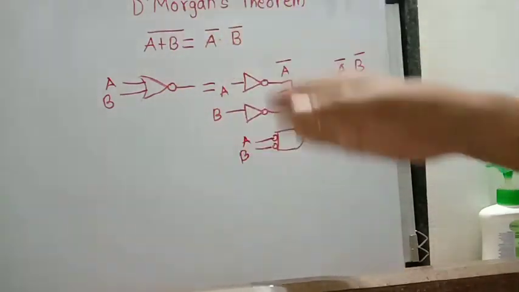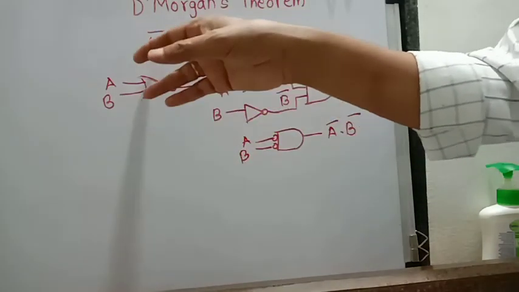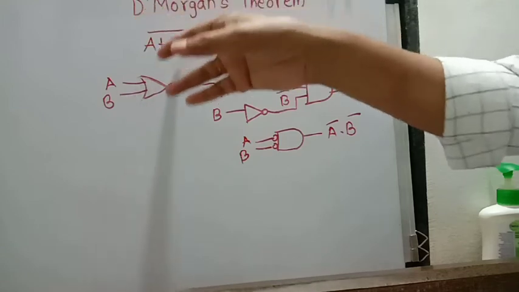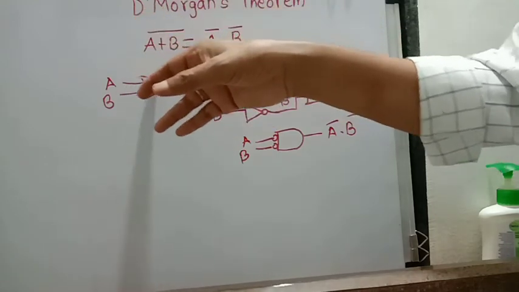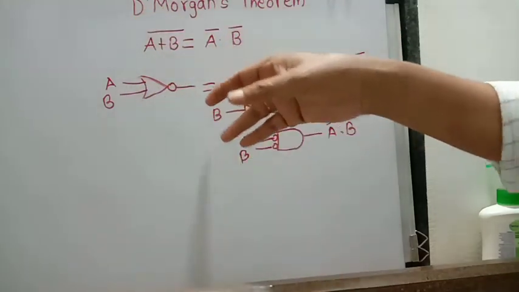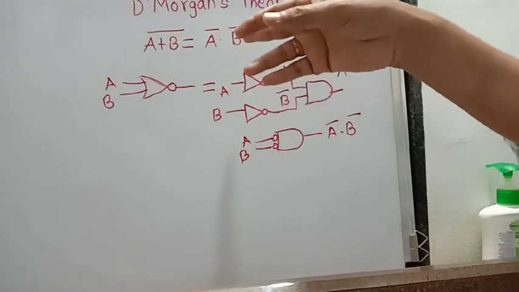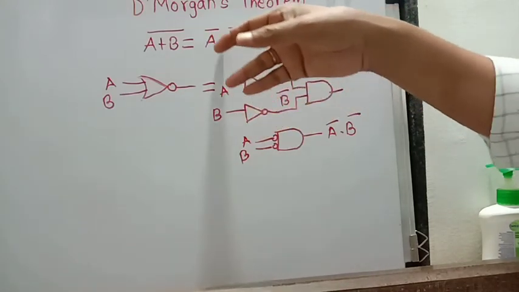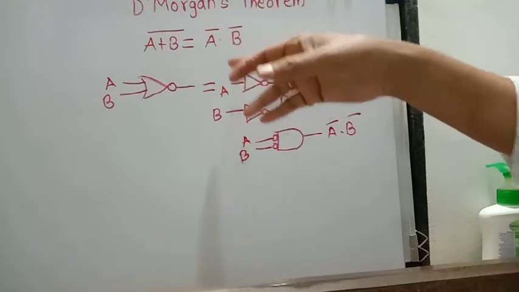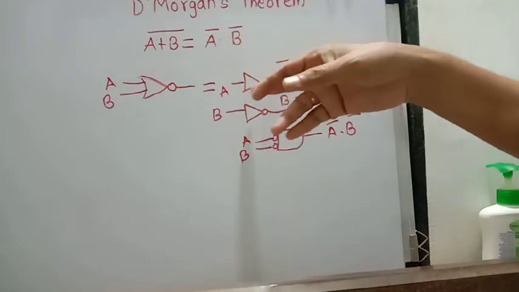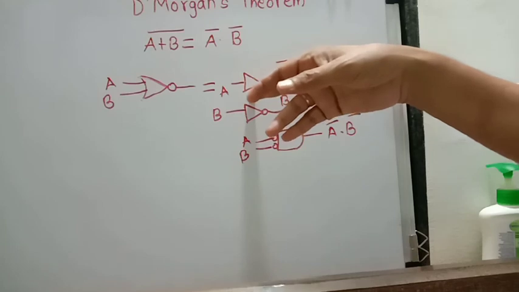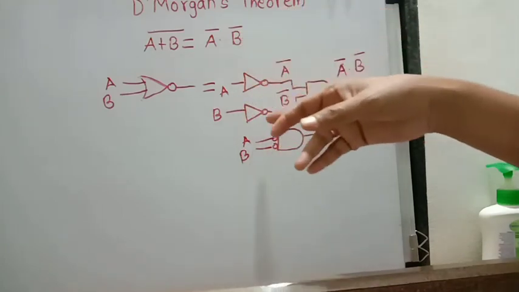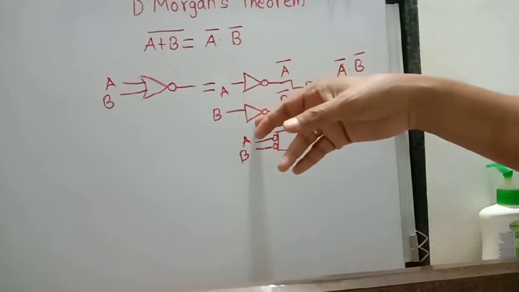So these are the logic diagrams. LHS is (A plus B) bar, so we can write a NOR gate, and for the RHS, which is A bar dot B bar, to get A bar we have drawn one NOT gate, and for B bar another NOT gate.